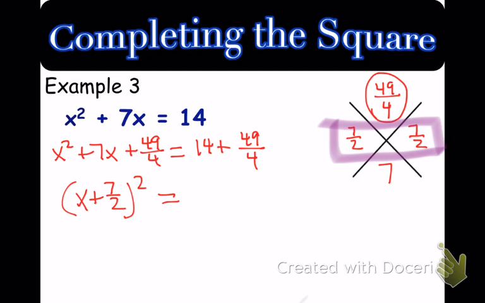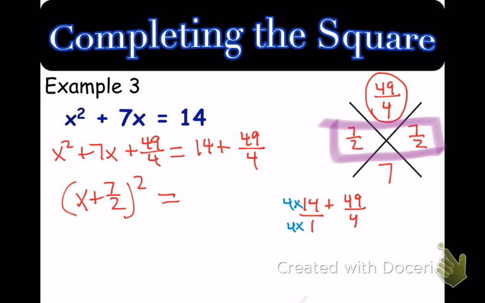So in this case, I'm just going to do the work on the side. We know it's 14 plus 49 over 4. I'm going to make 14 into a fraction by dividing by 1. I'm going to make my denominator common so I can add these. I'm going to multiply the left side by 4 so we can have a denominator of 4. But if I change the bottom of the fraction, I need to change the top the same way.